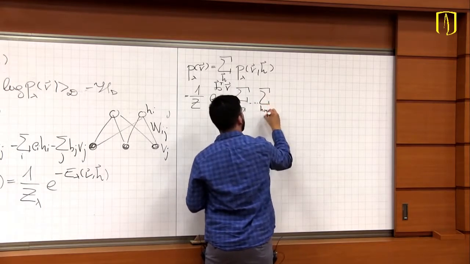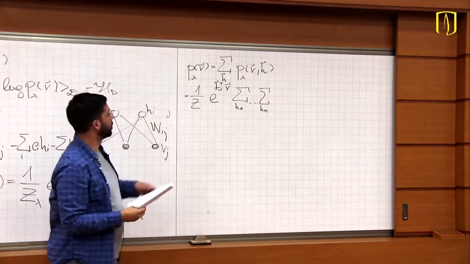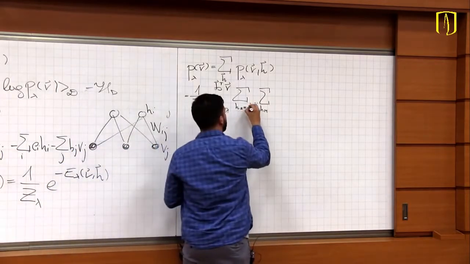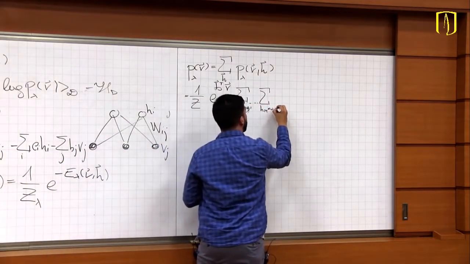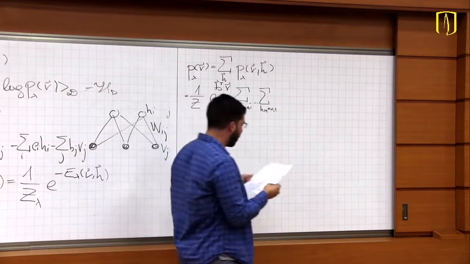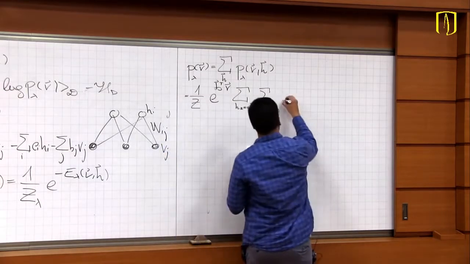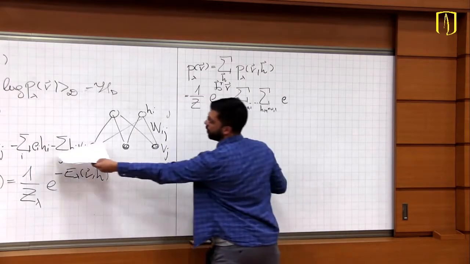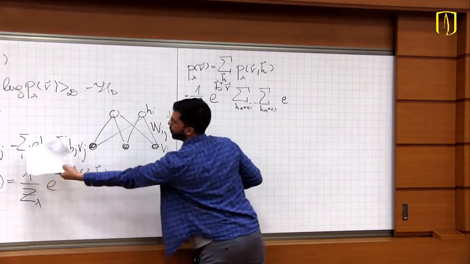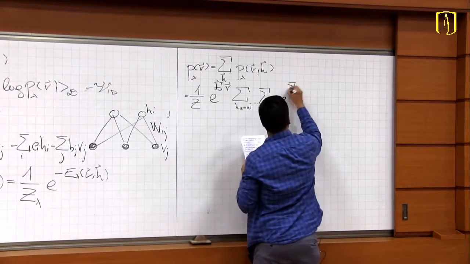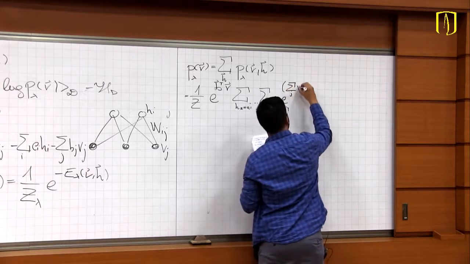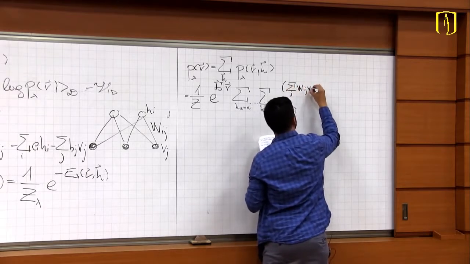So let's say we have m hidden variables. So this goes 0, 1 for all of them. We are taking the trace. And then we have the energy, so these two terms here. I'm just going to take the h_i as a common factor.